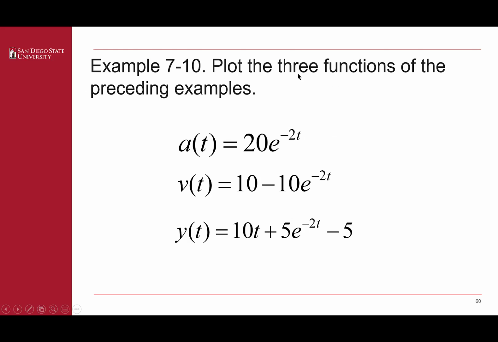Finally, the example question asks us to plot these three functions of the preceding examples. a of t is equal to 20 times e to the minus 2t, v of t equals 10 minus 10 e to the minus 2t, and y of t is 10t plus 5e to the minus 2t minus 5.